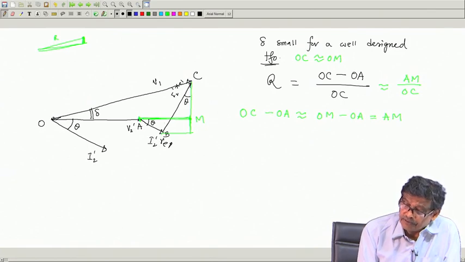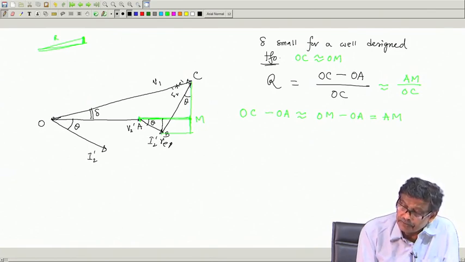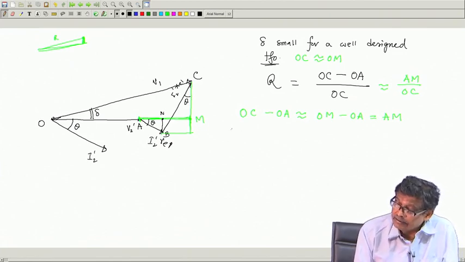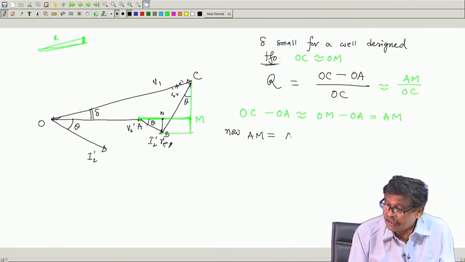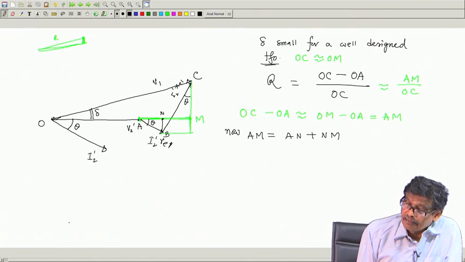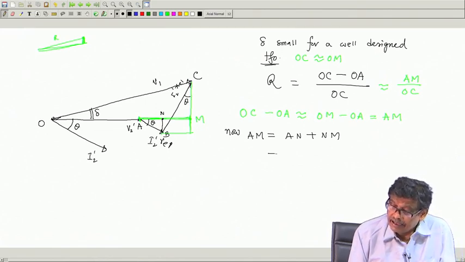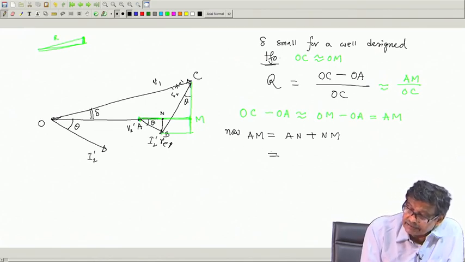Therefore, if you drop a perpendicular from point B to N, then A M can be written as A N plus N M, and A N is this length.